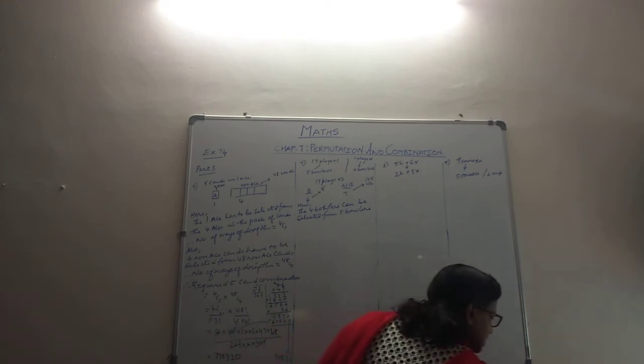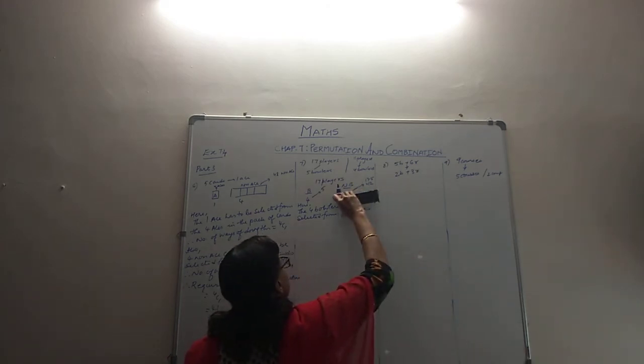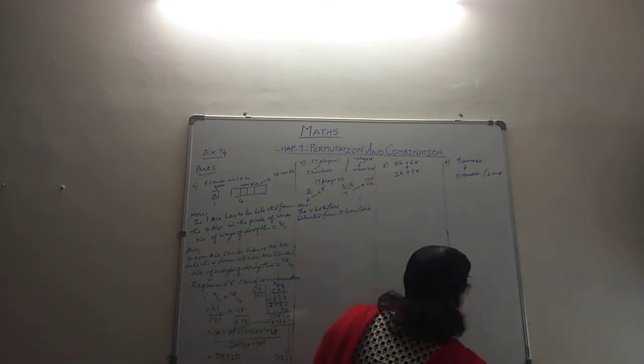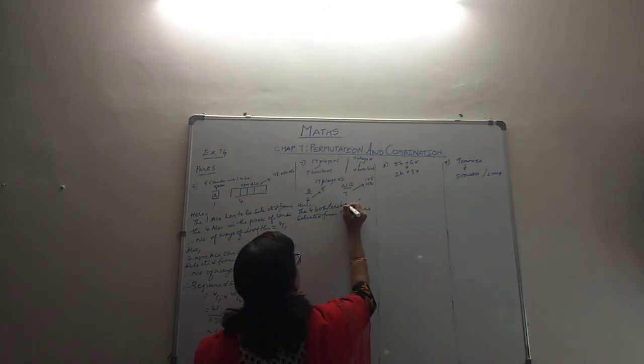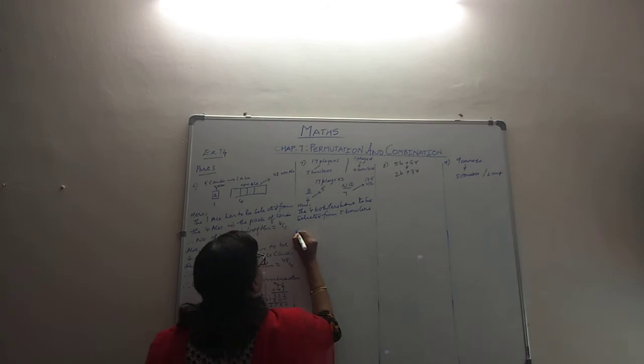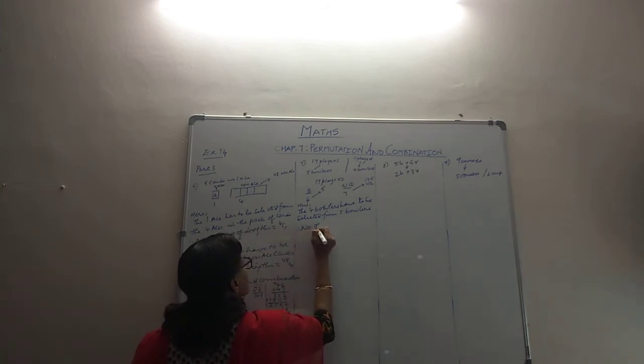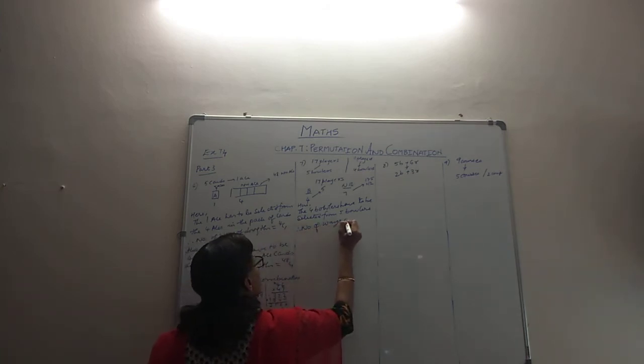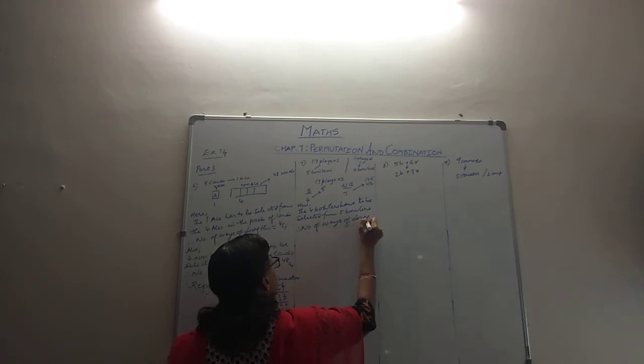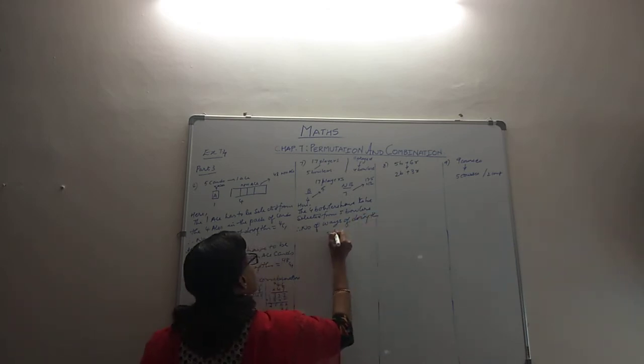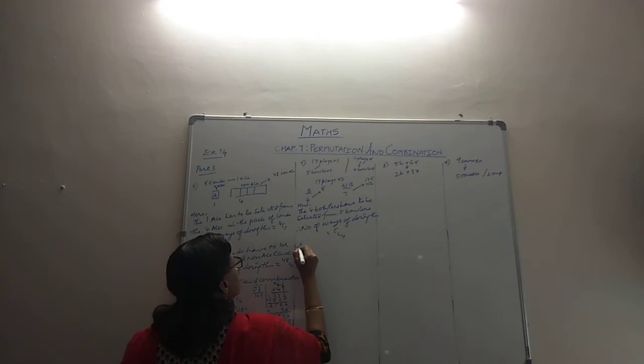We will not change the style, you know, it becomes very confusing for beginners. Therefore, the number of ways of doing this is 5C4.